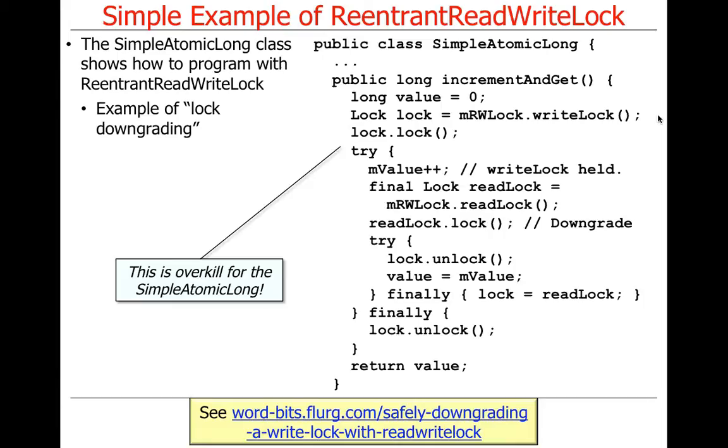Since we released the write lock here, we set lock to read lock. And then we go ahead and we unlock whatever the lock was. So depending on various things, this will either be unlocking the read lock or unlocking the write lock. But in either case, it gets unlocked. So that's the protocol for doing this. It's wacky. You can read about it here. There's an explanation of why it does this.